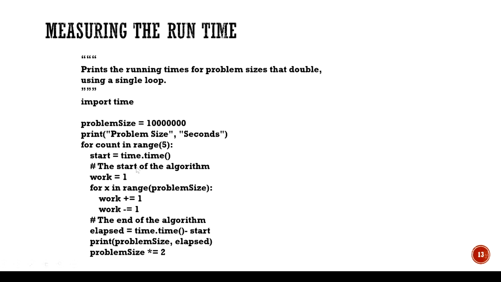We repeat this 5 times. First, we capture the time and save it in the start variable. We go through the loop. This is a very simple loop. It adds 1 to work and then subtracts 1 from work. At the end of the algorithm, we calculate the elapsed time, which is the difference between the current time and the start time.